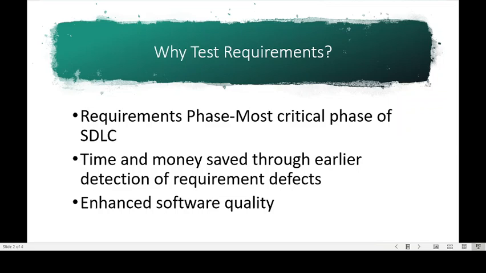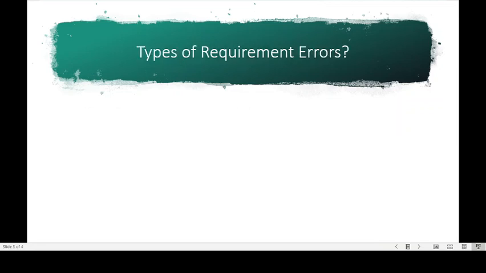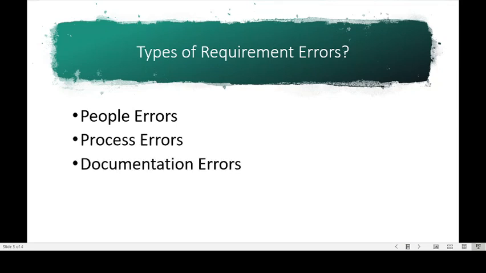Now let's take a look at the different types of requirement errors that happen in the requirements phase. Three kinds of errors can happen based on the different error sources. These are people error, process error, and documentation error.